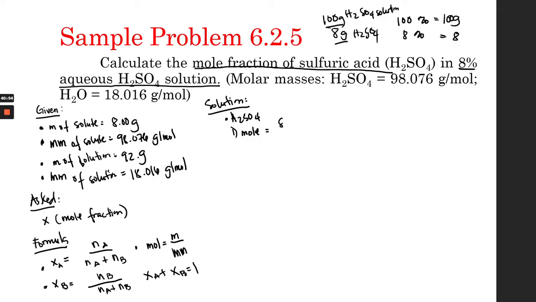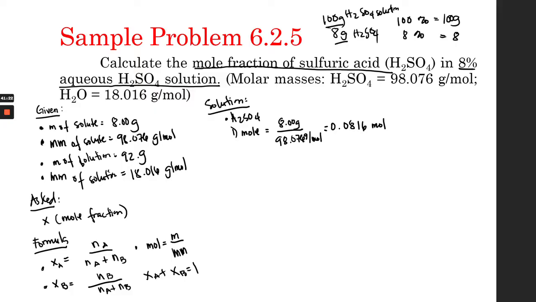So we have 8.00 grams of H2SO4, and its molecular mass is 98.076 grams per mole, and that yields 0.0816 moles of H2SO4.